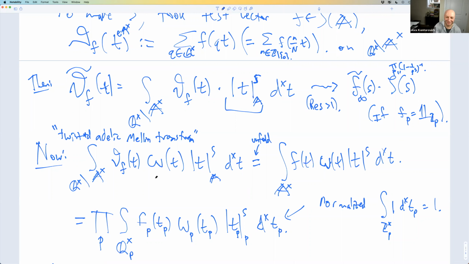So we'll do it next time. That's what would come next. This was all if the real part of s was greater than 1. To get the functional equation, we'll need to use not some twisted, but just the Adelic Poisson summation formula, the dilated Adelic Poisson summation formula. All right.